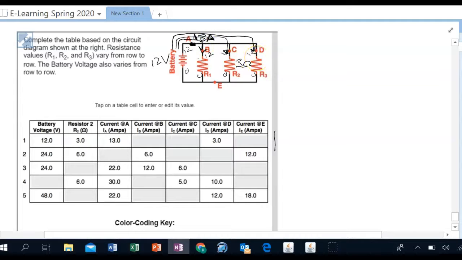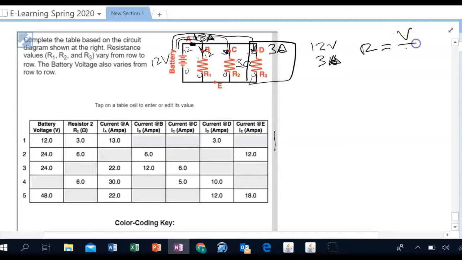All right, so what we do know is at position D, over here, there's 3 amps flowing. So, what else do we know about this situation? Well, right here, we know that there's 12 volts dropping across it because it's in parallel. They all have 12 volts. 3 amps is flowing. And if we know those things, we can find the resistance.